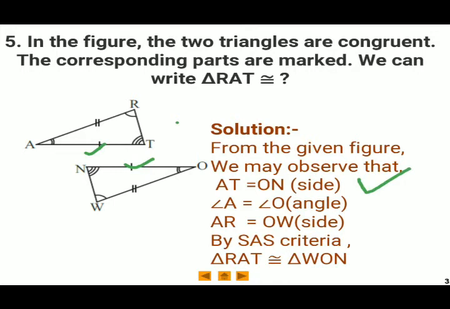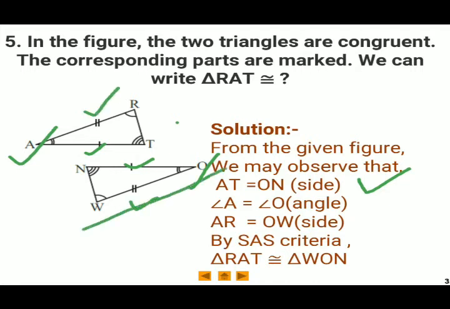Now second, we want one angle. Here you can see that the markings at A and the markings at O, both the angles are the same. So angle A will be equal to angle O. We will write angle in the bracket. After that, you can observe that here there are two lines and here there are two lines.